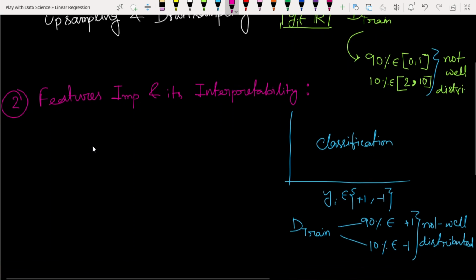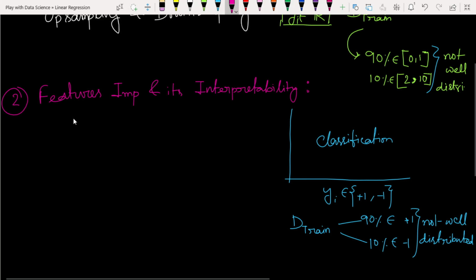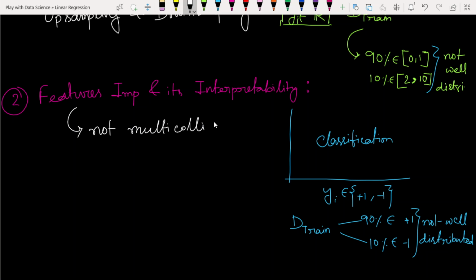So, simple as logistic regression, here also we consider multicollinearity. If it is not multicollinear, then our best features depend on the absolute value of WJ, the norm of WJ.